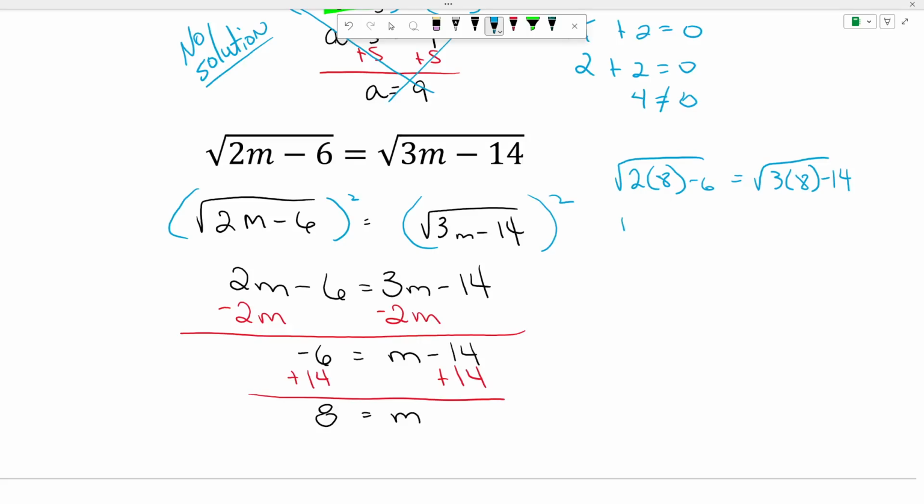Well, 2 times 8 is 16, so I have 16 minus 6. Over here I have 3 times 8, which is 24, minus 14. So on the left I have the square root of 10. On the right I have square root of 10. I do believe the square root of 10 is equal to the square root of 10, so therefore that is a valid solution.